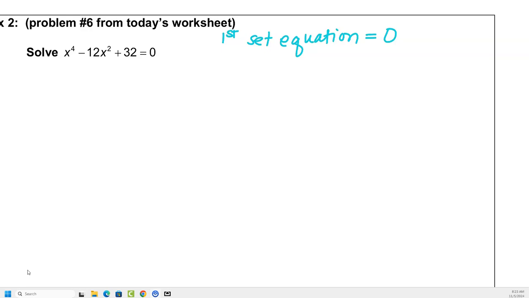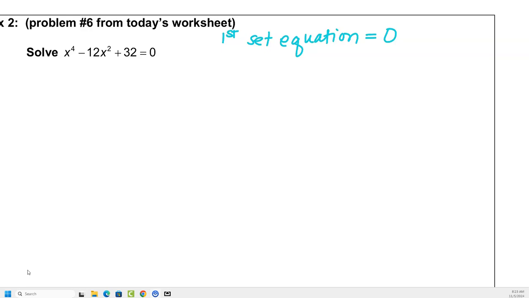So it's done, check, already set equal to 0. Now I'm looking at it. I see 3 terms. It makes me think a trinomial, but the highest power is 4. Usually with trinomials, the highest power is 2, right, in algebra 1. But now we're in algebra 2, and we could see if it's in quadratic form.